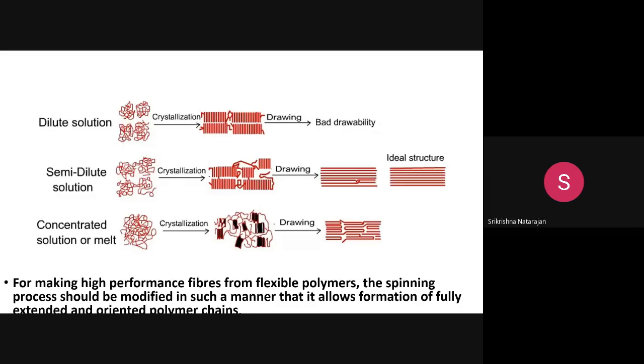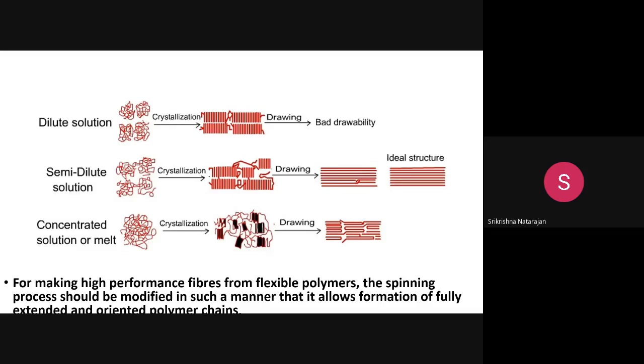But in the extreme case, if you make a dilute solution, and you do dry spinning or wet spinning, what will happen? During crystallization, you may produce a fiber with some folds, because normally when you manufacture a fiber, it will have some chain folds with some gaps also.